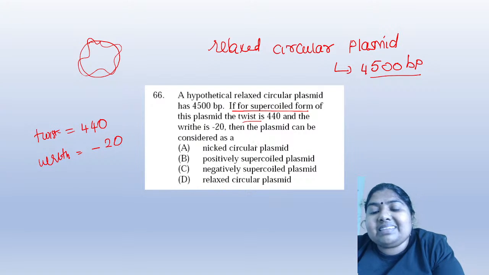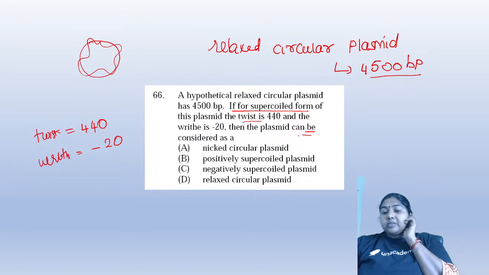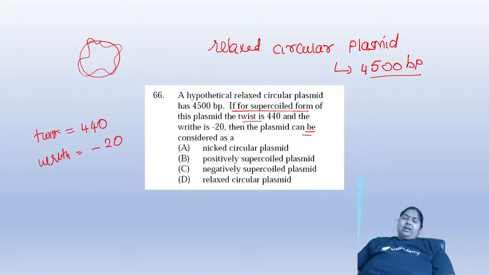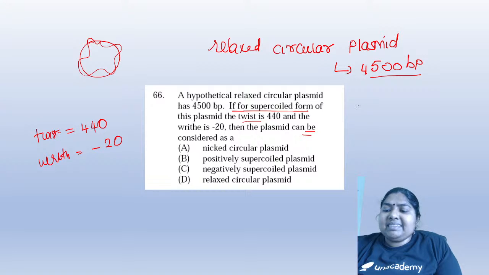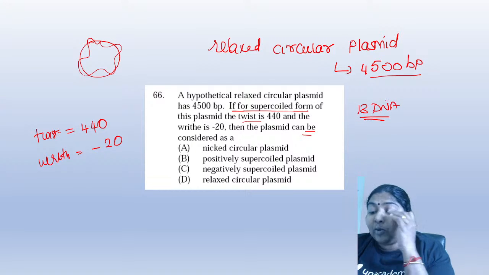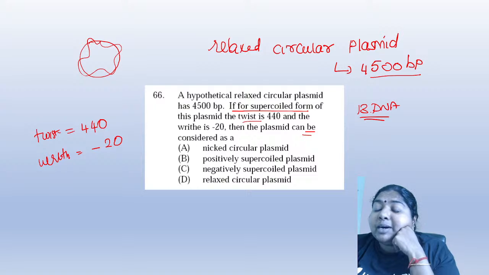So what is the plasmid considered to be? You have to divide and find out what is your actual number per turn for B-DNA.